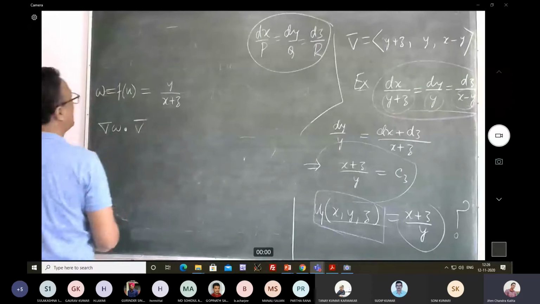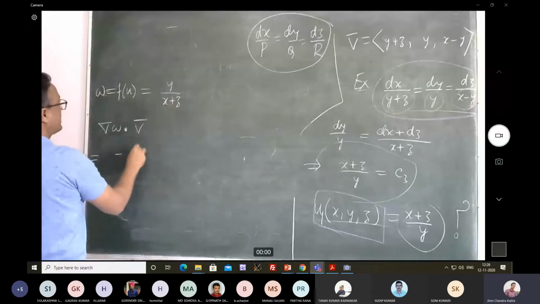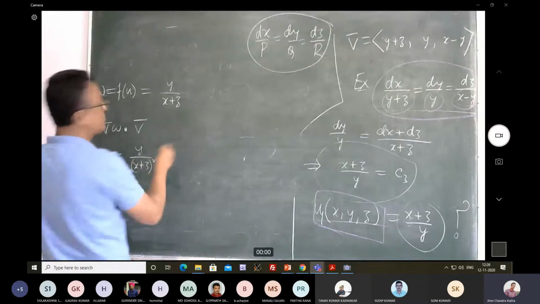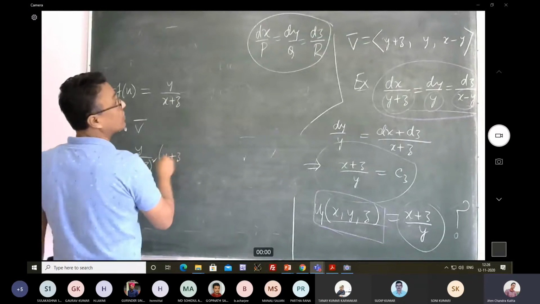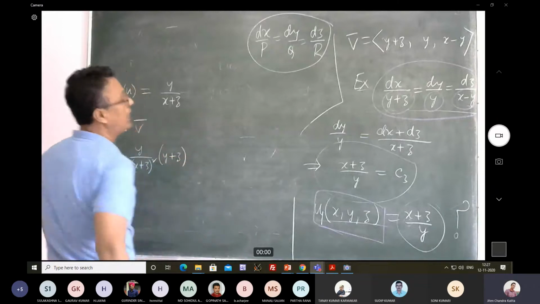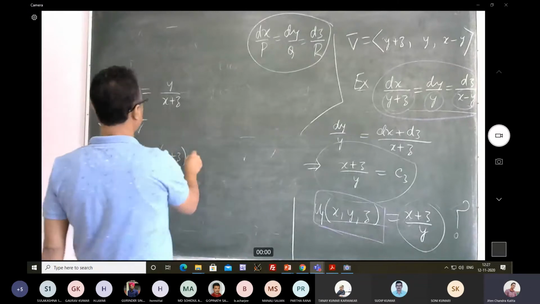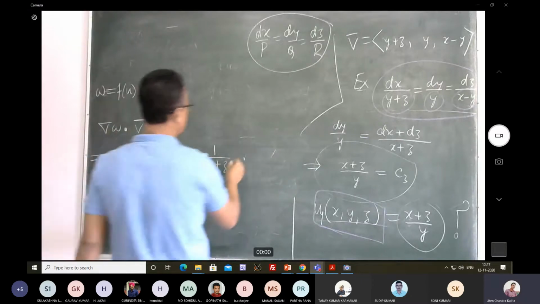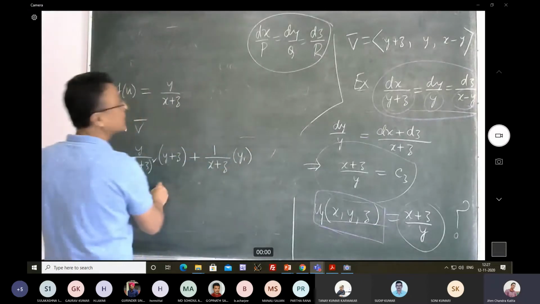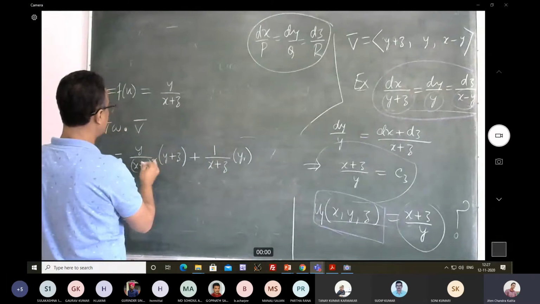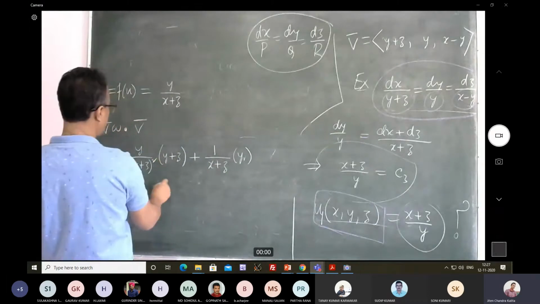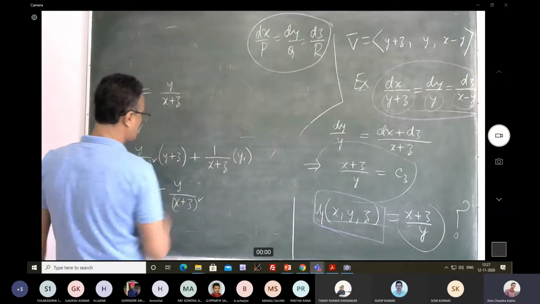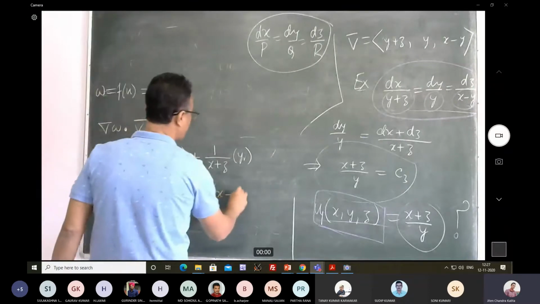What I'm going to get from here is minus y by x plus z whole square into y plus z, and then plus 1 by x plus z into y. Then again it will be the same thing: minus y by x plus z whole square, and then into x minus y.